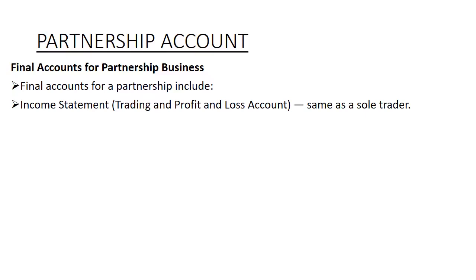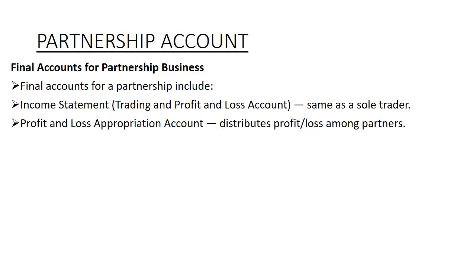The income statement is the same as that of a sole trader, the one we did in grade 10. If you have not watched the video, look out for the video on the trade and profit and loss account. That same one is used for a partnership.